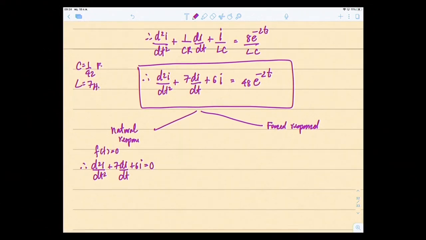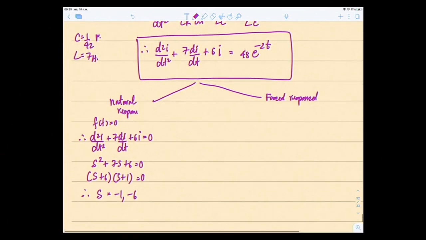Okay. So change that to the characteristic equation. It becomes s square plus 7s plus 6 equal to 0. So (s plus 6)(s plus 1): 6 times 1 is 6, 6 plus 1 is 7. So your roots are s equal to minus 1 and minus 6.